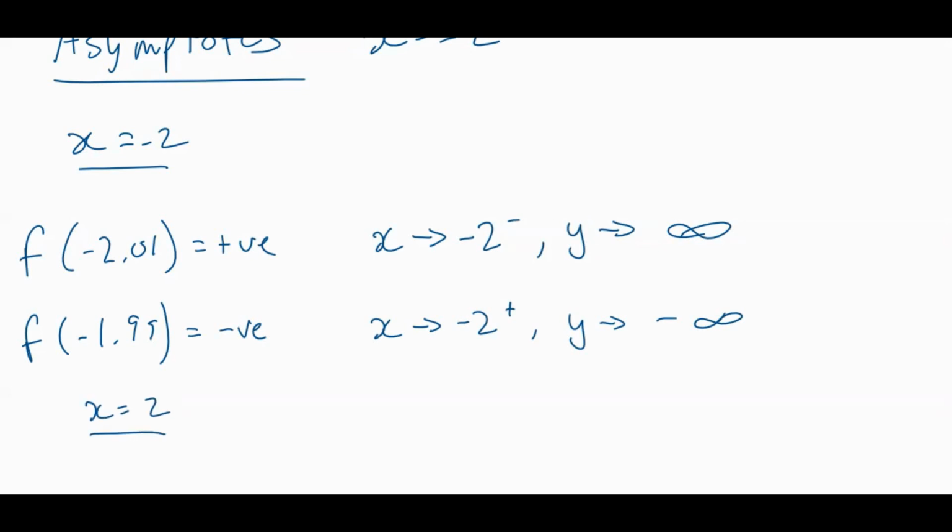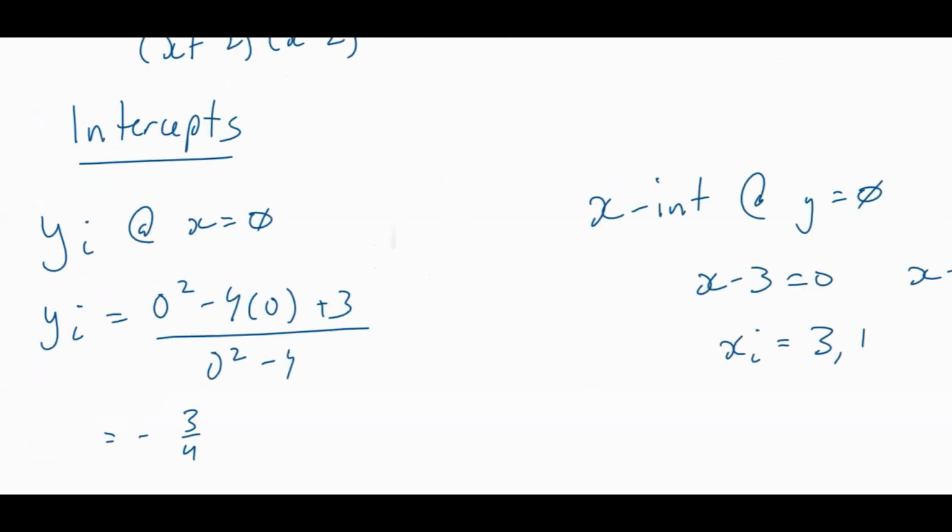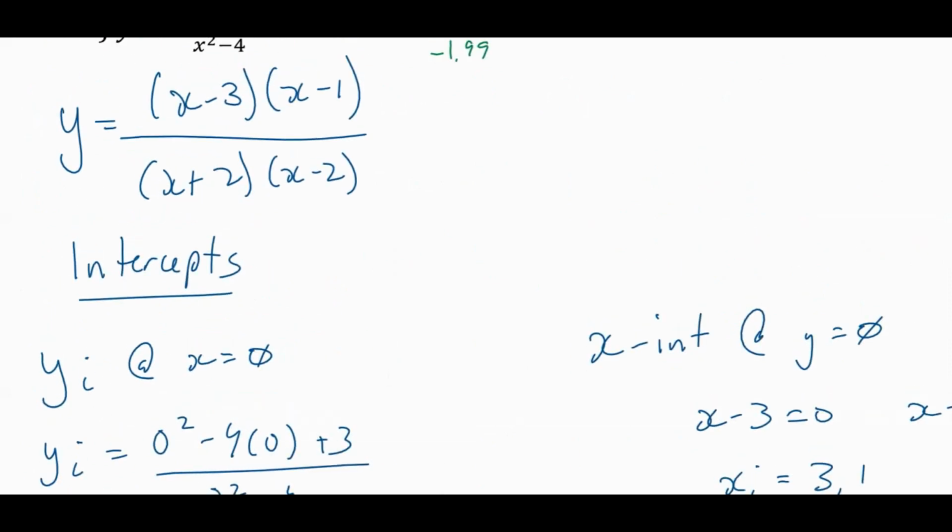Now we do positive 2. So 1.99 minus 3 is negative. 1.99 minus 1 is positive. 1.99 minus 2 is negative. 1.99 plus 2 is positive.